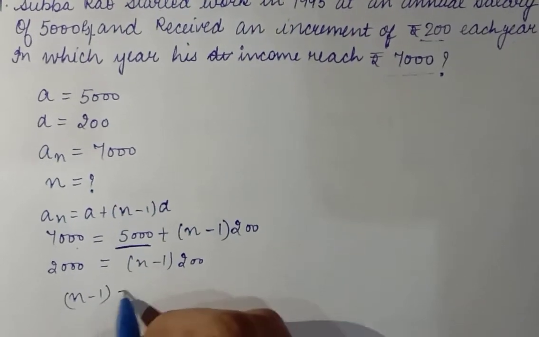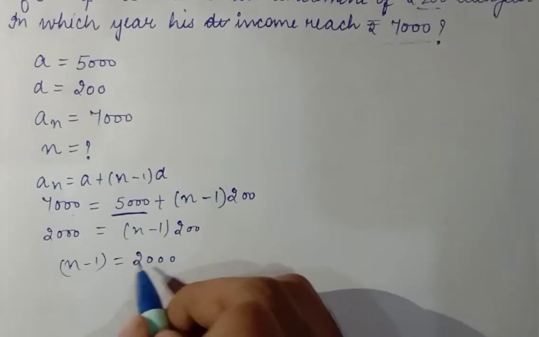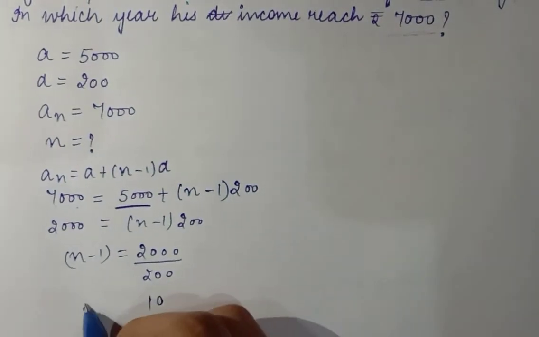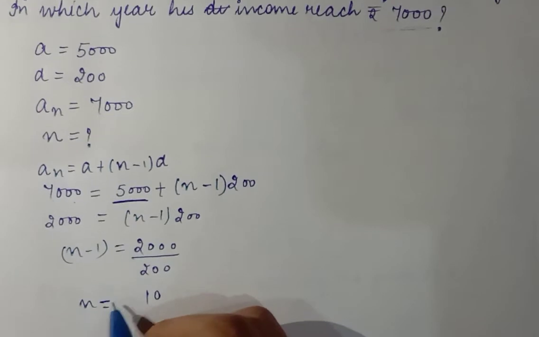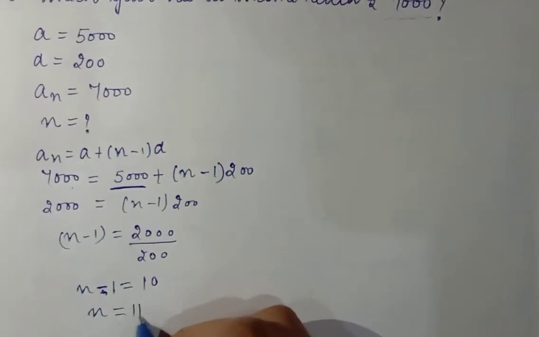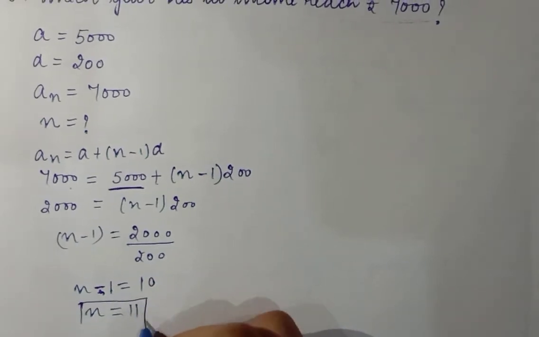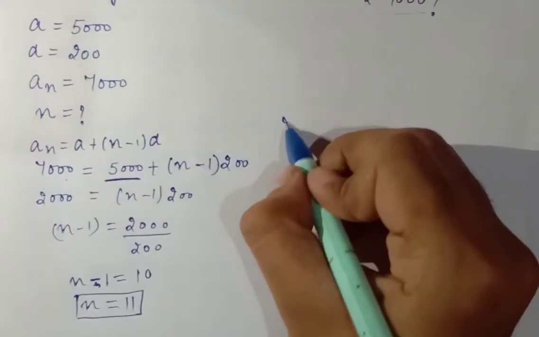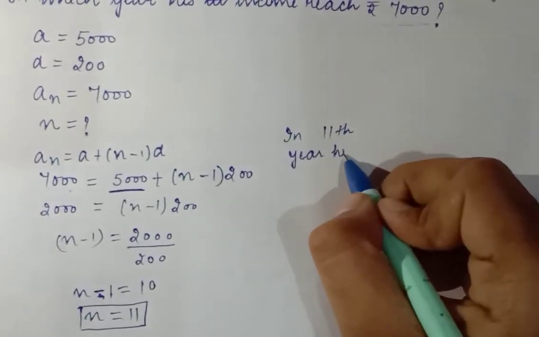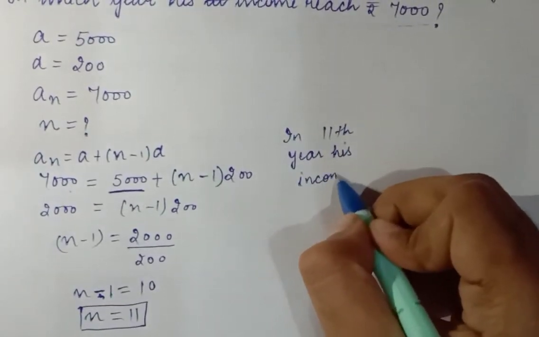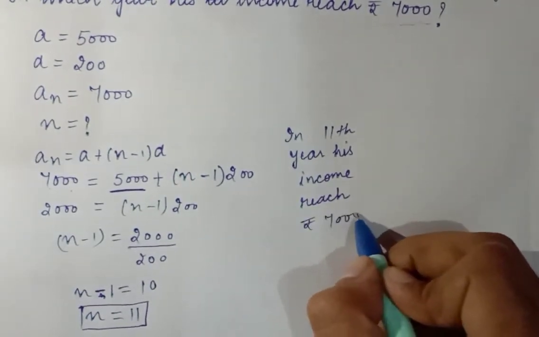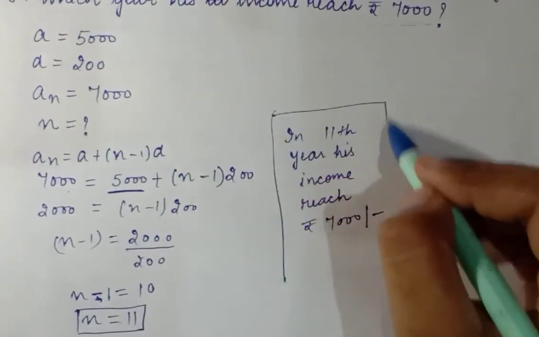N minus 1 is equal to 2,000 divided by 200. We get 10. So n is equal to 11. So in 11th year his income reached rupees 7,000. This is our answer.